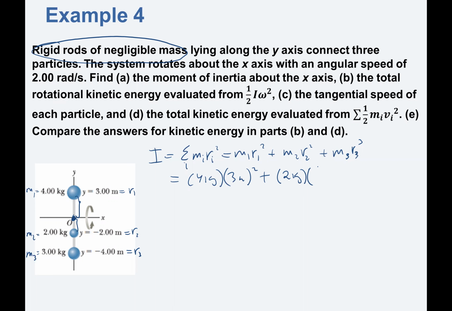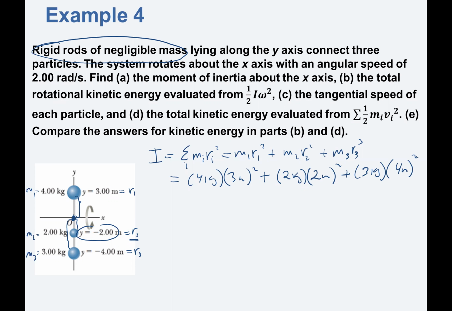It's -2, but I want just how far away it is, and this is just 2 meters, squared. Then plus my mass 3, which is 3 kilograms times its position, and it has a position of 4 meters. It's 4 meters away from the axis of rotation, so I put 4 meters squared.